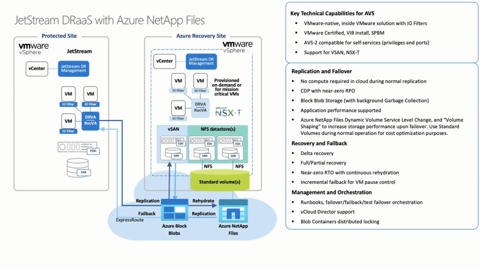And when a disaster recovery event happens, instantaneously, customers can choose to move some of the data stores to premium tier, move certain data stores to ultra tier, and keep the remaining in standard tier. So there is this flexibility available for customers to right-size to meet their application needs as and when the DR happens.